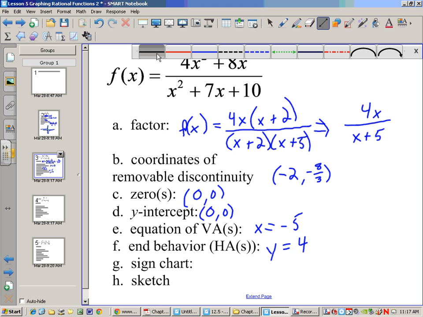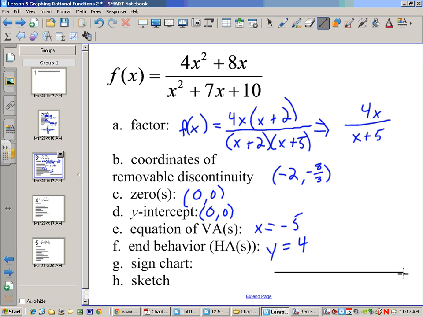Now we look at our sign chart. What we put on our sign chart is our zero and our vertical asymptote. So -5 and 0. Now anything to the right of 0, say 1, 1 over 1 and 1, those are both positive, so that will be positive.